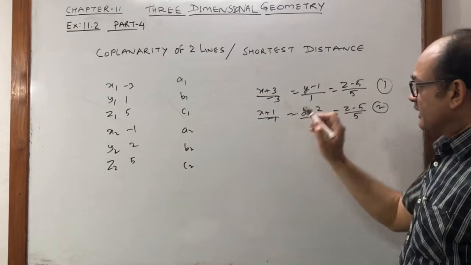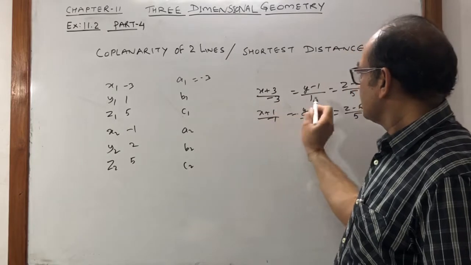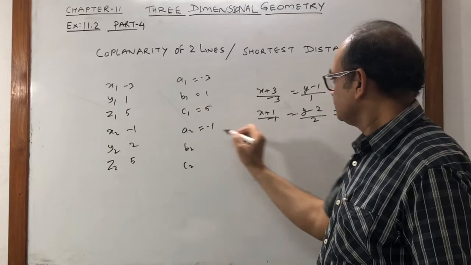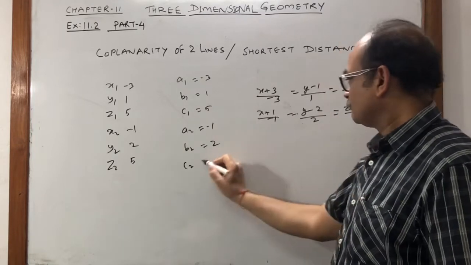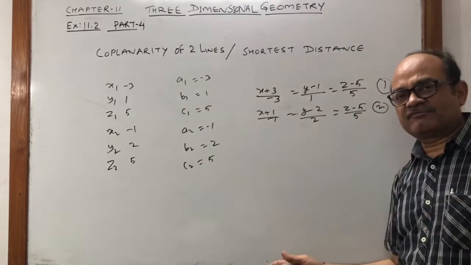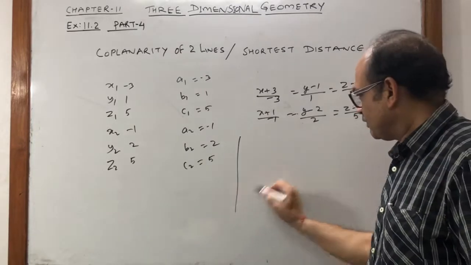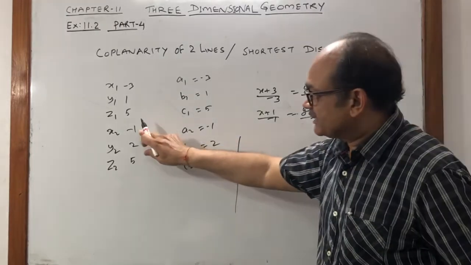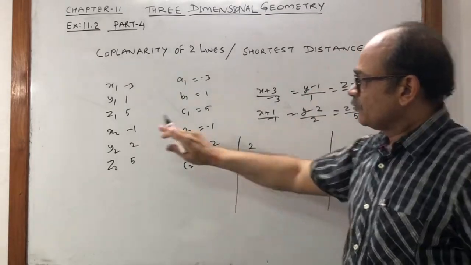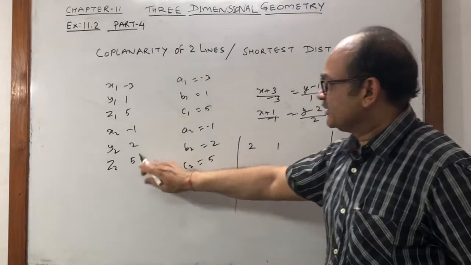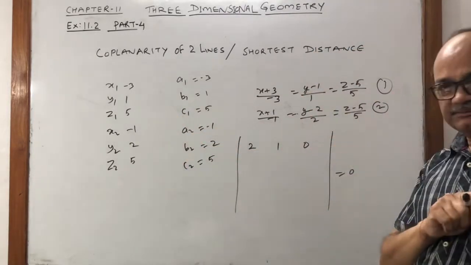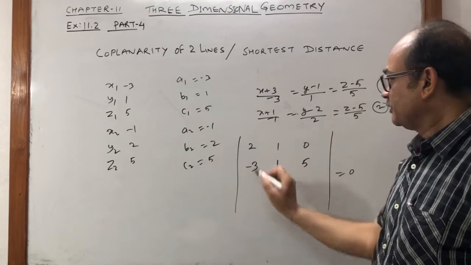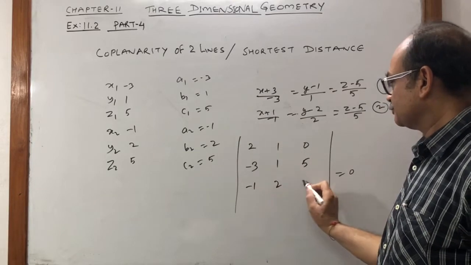Now the DRs are minus 3, 1, 5, and minus 1, 2 and 5. Now we put all the values in the determinant. Here is the formula of coplanarity of two lines: first row x2 minus x1, y2 minus y1, z2 minus z1, then a1, b1 and c1, then a2, b2 and c2.